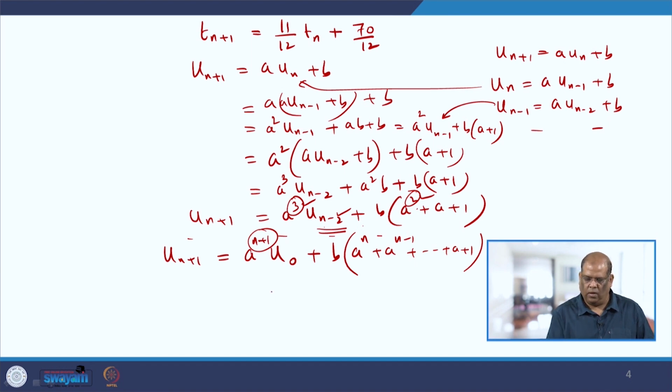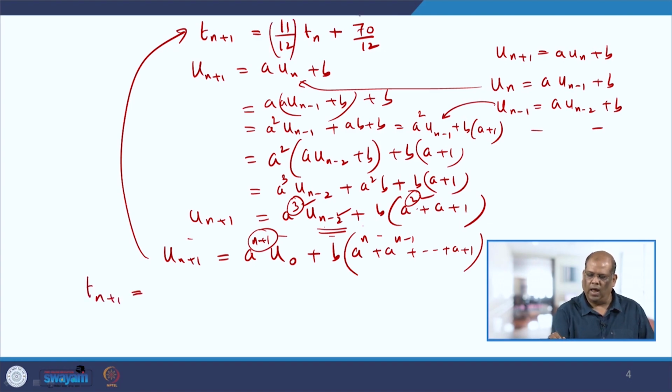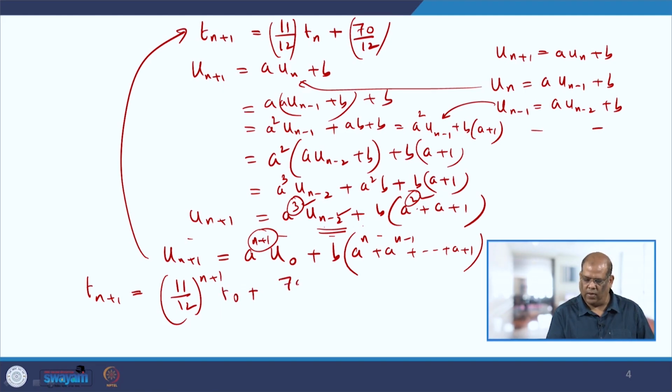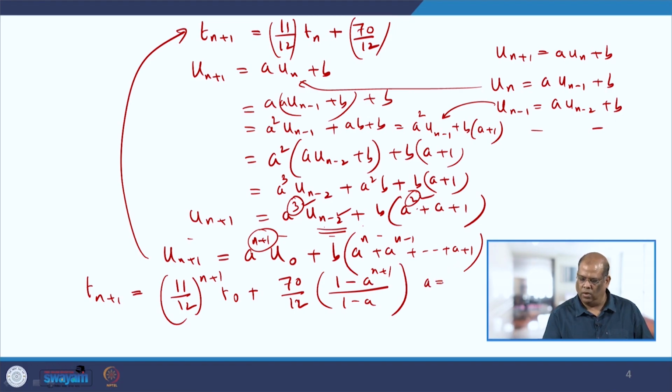So, if I now compare it with this particular equation, I will get Tn plus 1. This is the a and this is the b, which is 11 by 12 to the power n plus 1 into T0 plus b is 70 by 12, and this is 1 minus a to the power n plus 1 by 1 minus a, because your a is equal to 11 by 12, which is less than 1.